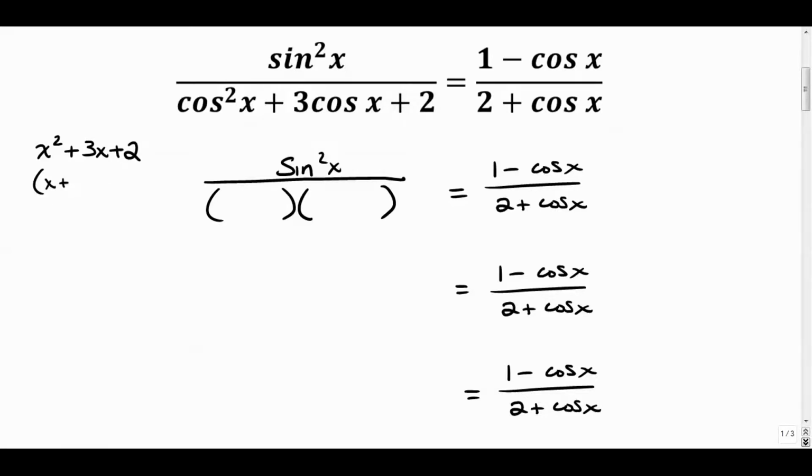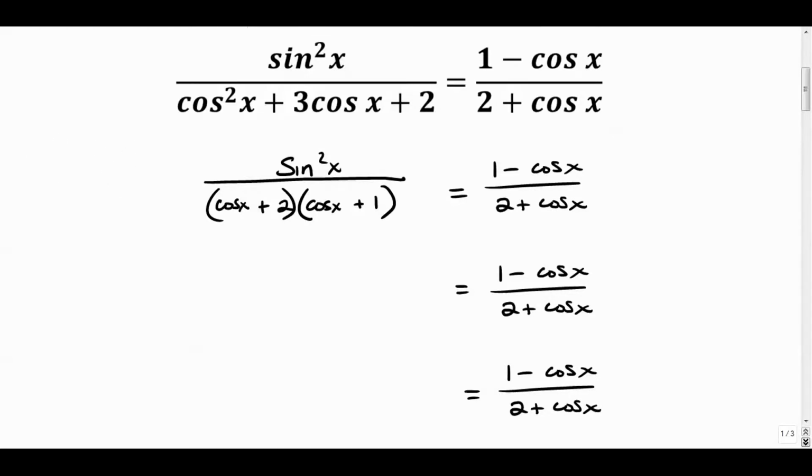Well, you would say x plus 2 times quantity x plus 1. And this is the same thing. The only difference is instead of x squared, it's cosine squared x. So I'm going to put cosine x here and here, 2 here, 1 here, plus and plus. If I FOIL those together, I should get exactly what I started with.